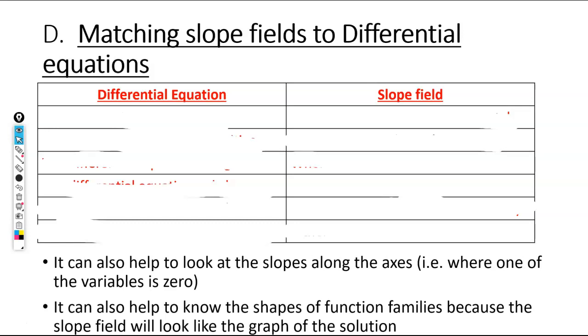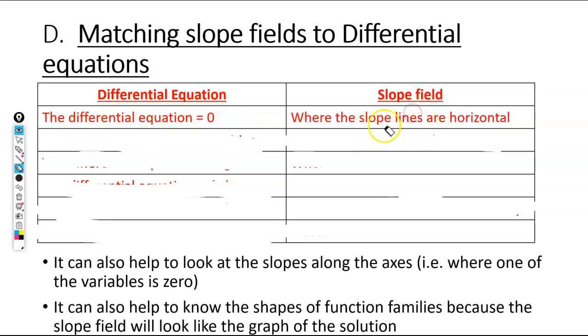However, a more common thing I would say in the multiple choice section in particular is to match a differential equation with a slope field. And so based on the things that we just talked about, there's some common characteristics like the one we just said before. If the differential equation ever equals 0, that's where you would expect to see horizontal slope lines.